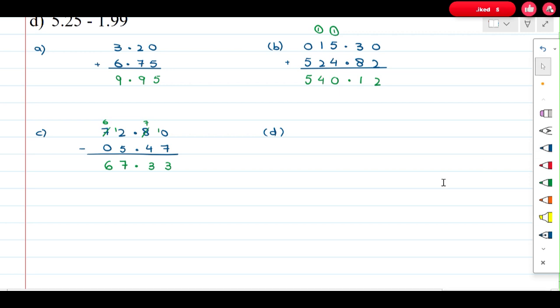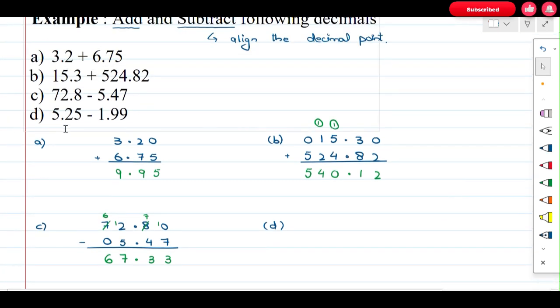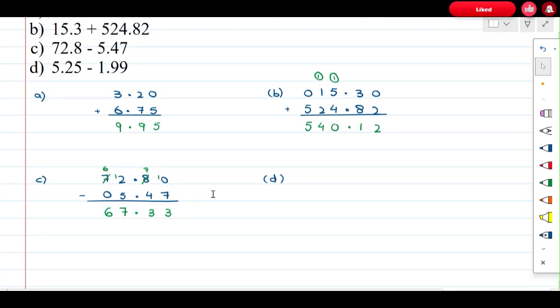For part D we have 5.25 minus 1.99. It's a subtraction. From 5 we cannot take away 9, so again we need to borrow. 1 is left over here and give 1 to this 5, making 15.